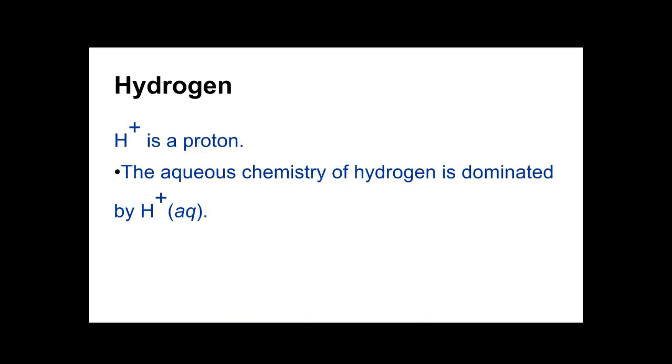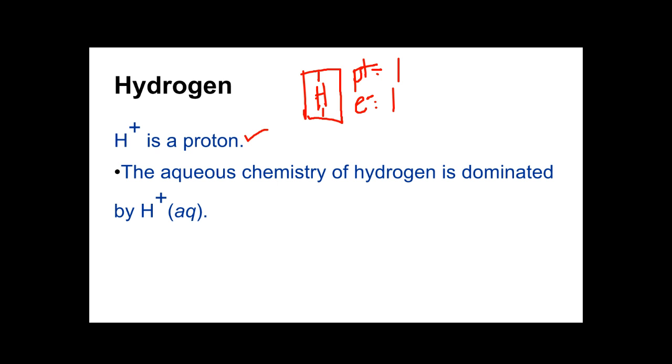We also need to remember, and this will become very apparent once we get into our acids and bases, that hydrogen is a proton, because essentially on the periodic table, hydrogen has an atomic number of 1, and it has an average atomic mass of 1, and so we would say that hydrogen is essentially 1 proton, and it has 1 electron in the neutral form.